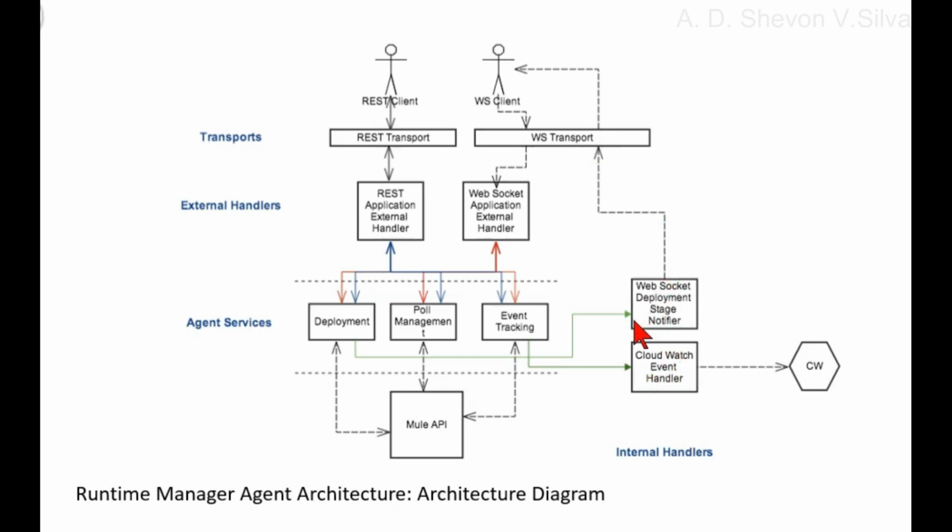The interaction of each component is shown in the diagram below for each of three types of messages: synchronous, asynchronous, and push.